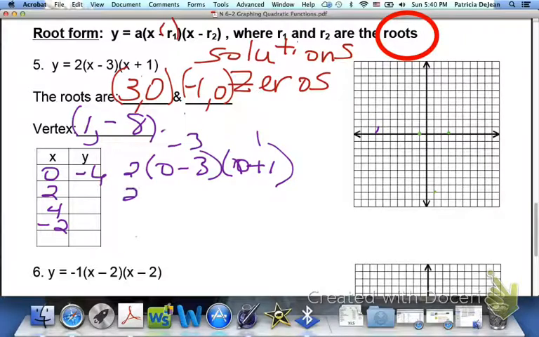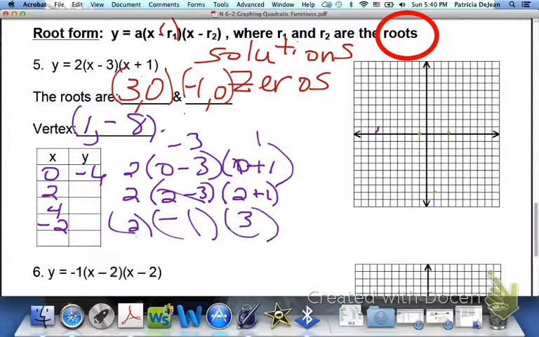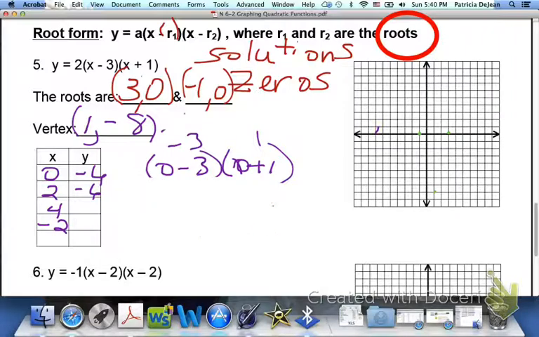All right, then we have 2 times 2 minus 3 times 2 plus 1. 2 minus 3 is negative 1, times 3 times 2. When we solve those, we again get negative 6. Okay, let's make some room for our next calculation.